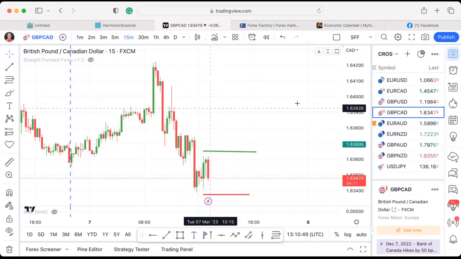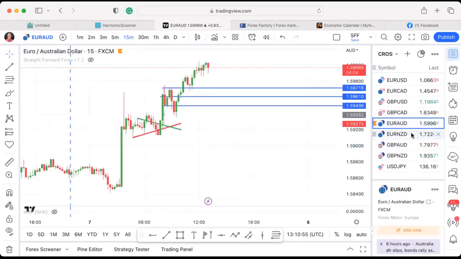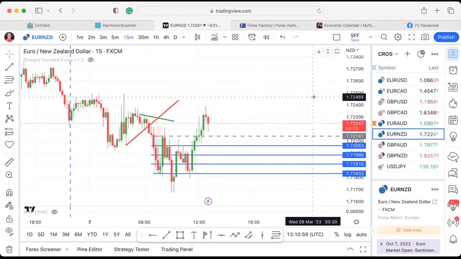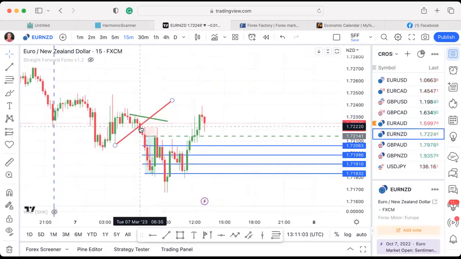In the meantime, I'm going to look at what happened this morning. I'll start with Euro NZD, and this was the 6 o'clock candle.